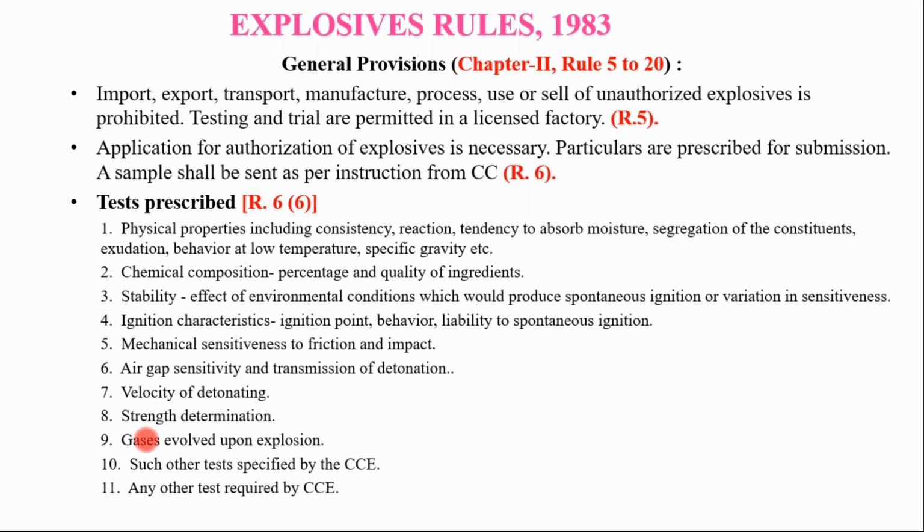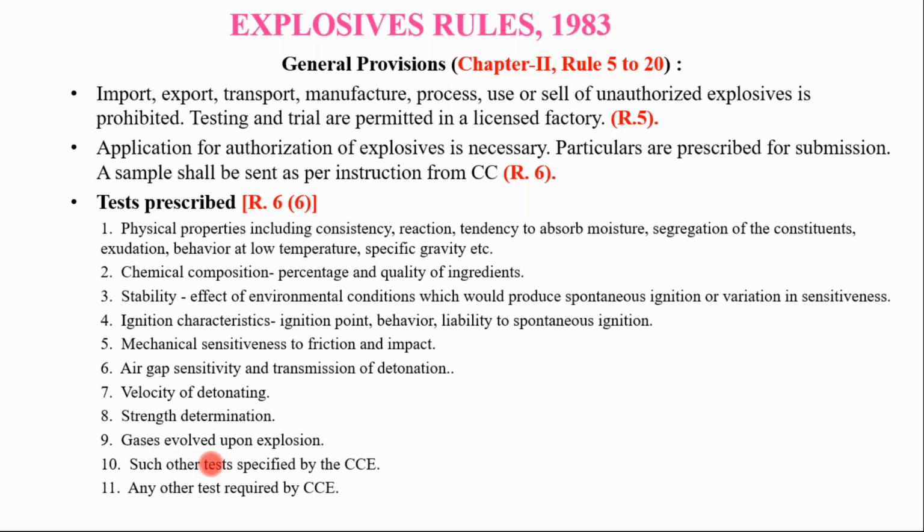Gases evolved upon explosion. So that is another case of air pollution, as well as it may have an adverse impact on the health of the people who are surrounding that particular area where the explosion occurs. So after the explosion, the gases that form depend on the characteristics and the structural formula of that particular explosive.